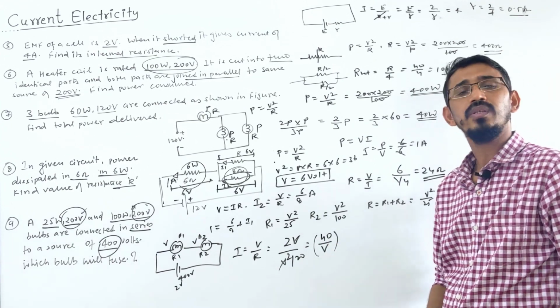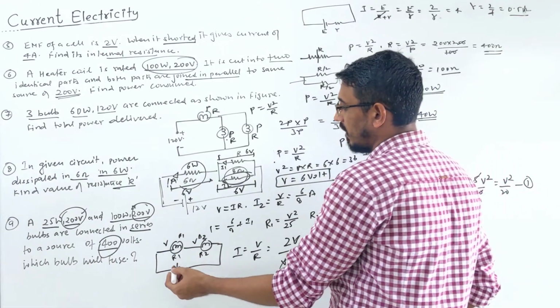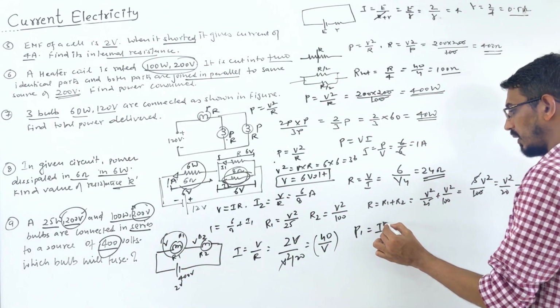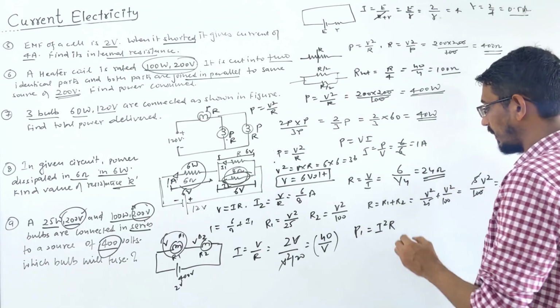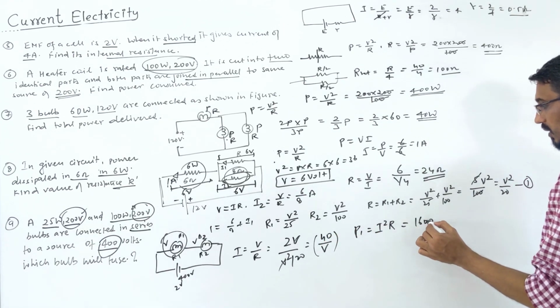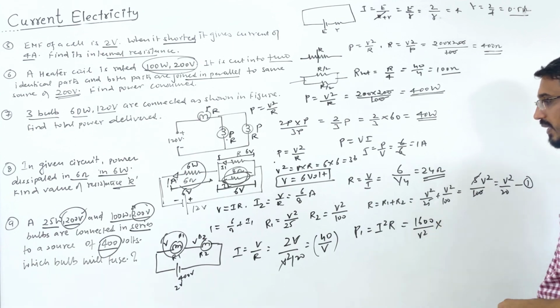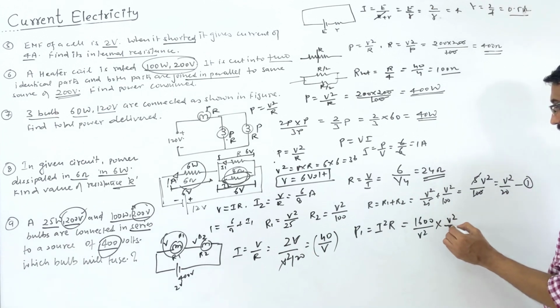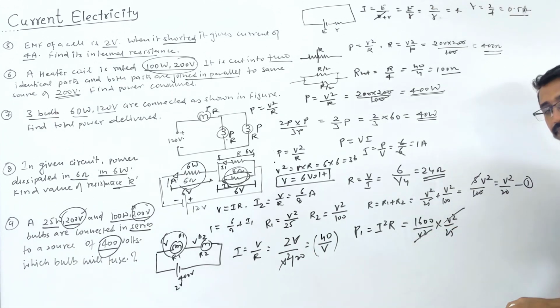Now with the current, you can consider how much power is really coming to this bulb. What is P1? You can write I square into R. Current is this much, so the square of this becomes 1600 by V square, right? And what is the resistance of this bulb? V square by 25. V square cancels here.